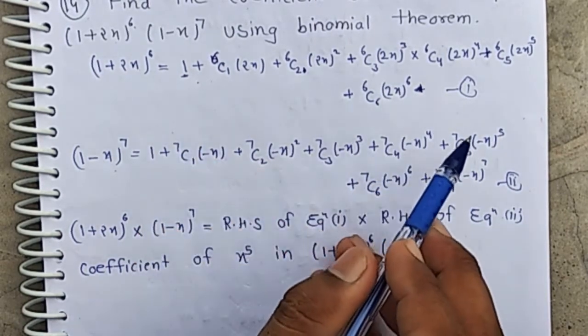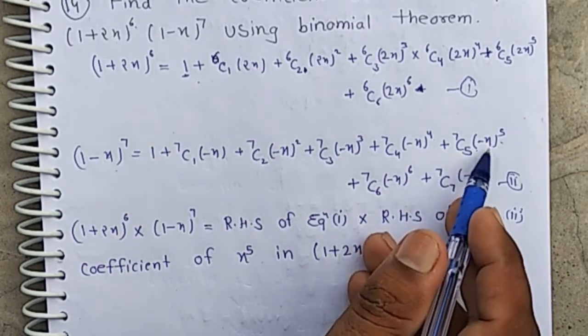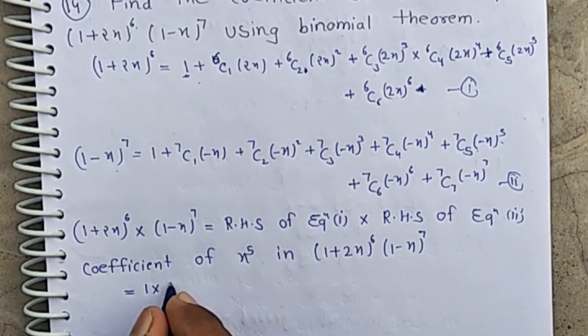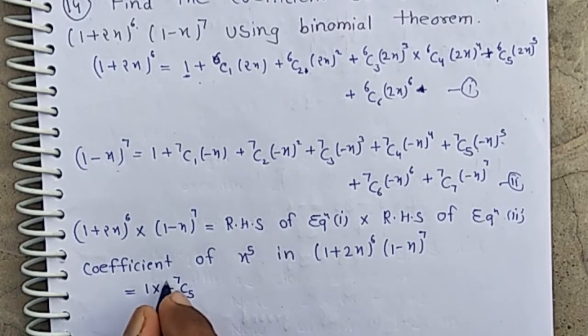When 1 is multiplied by this term, we get x to the power 5, means the coefficient of x to the power 5 is 1 into 7C5 with negative sign.